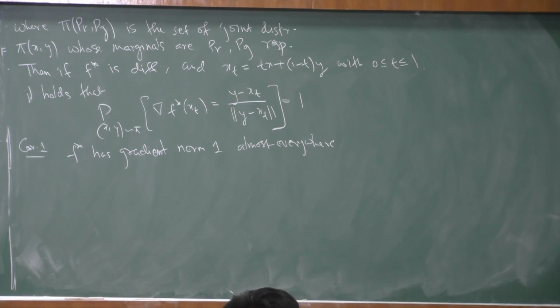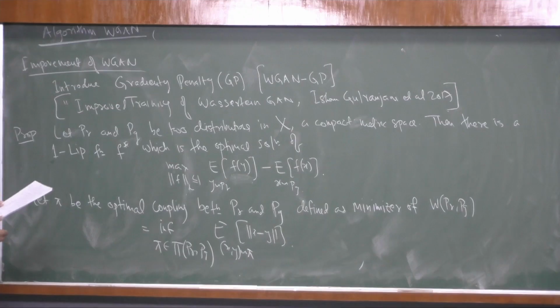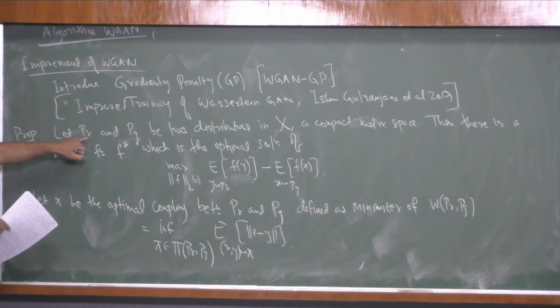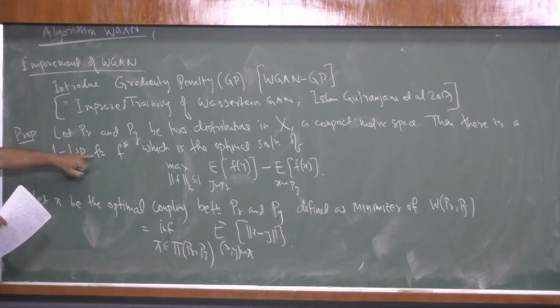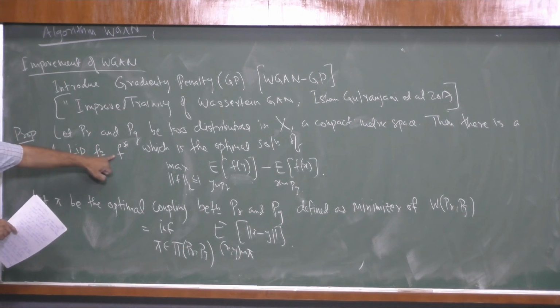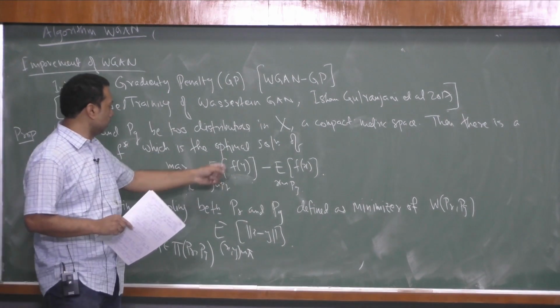Let us try to understand what this theorem says, and what could be a possible improvement in the WGAN. So what it says is that let P_r and P_g be two distributions in X, a compact metric space, and then there exists a 1-Lipschitz function f star which is the optimal solution of this.